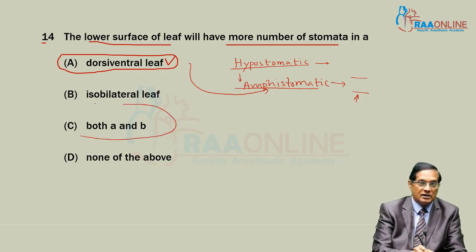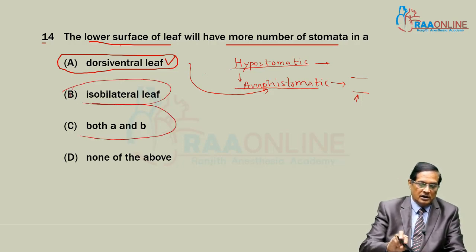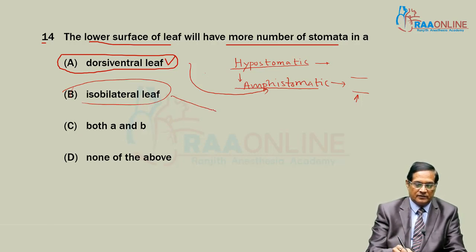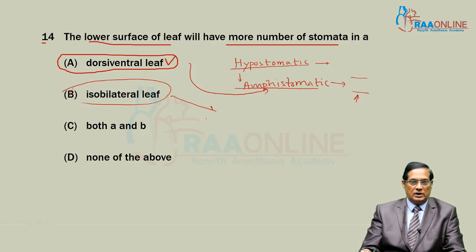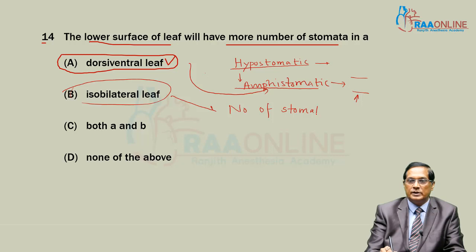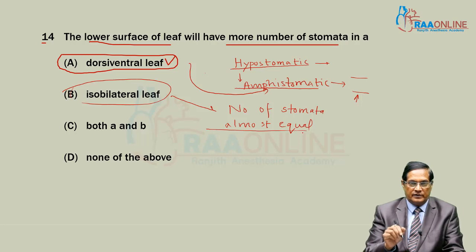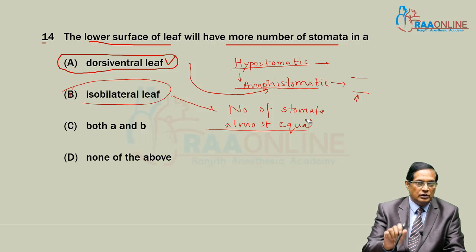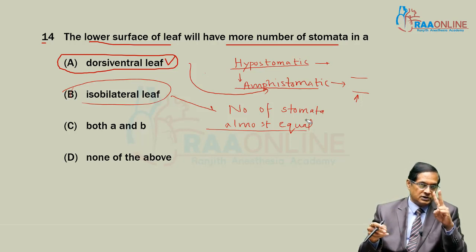In isobilateral leaf, the number of stomata is almost equal on both the surfaces, whereas in dorsiventral leaf more on lower side than upper, because there are two possibilities.